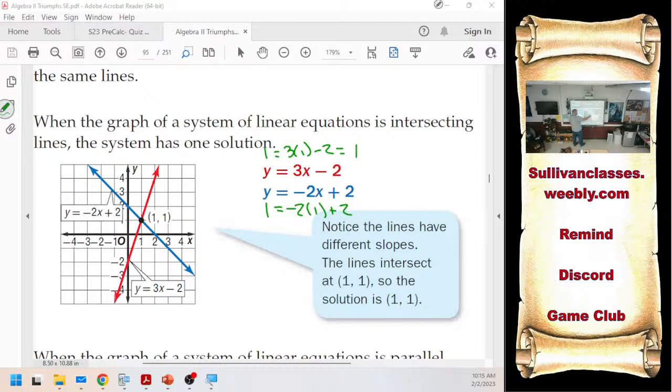Negative 2 plus 2 is 0. That ain't right. They have the entire wrong equation there. Oh, this is supposed to be negative 1x. Way to go, book.